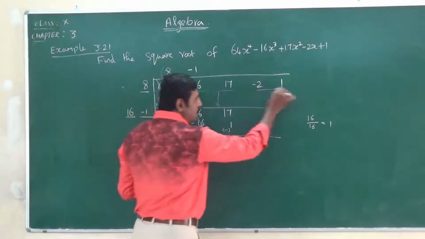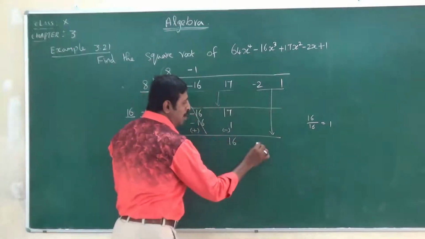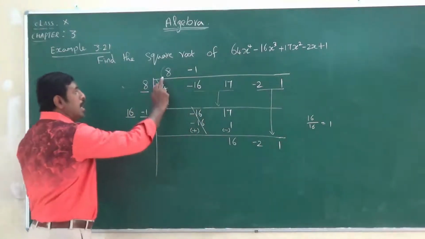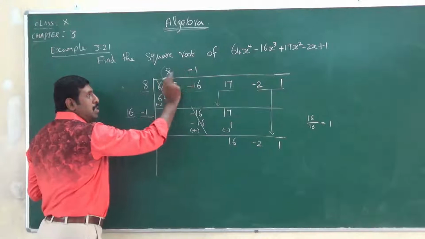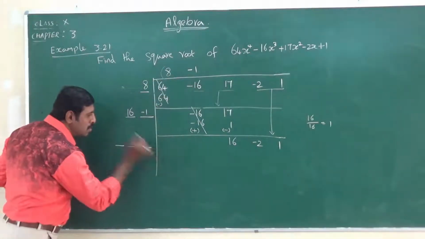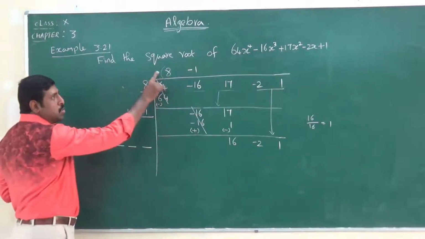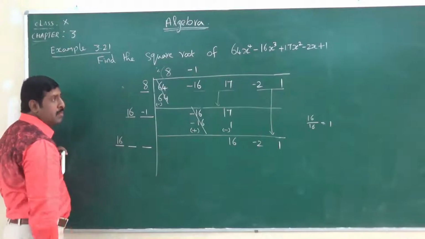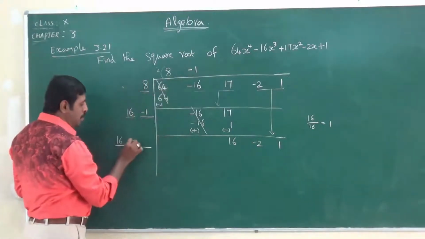Now we have to bring down these two terms. Here we have minus 2 and then 1. Again, we have to double it, and whatever number appears here, we multiply by it. So here we have three numbers. The first number is 2 into 8, which is 16, and then 2 into minus 1 is minus 2.